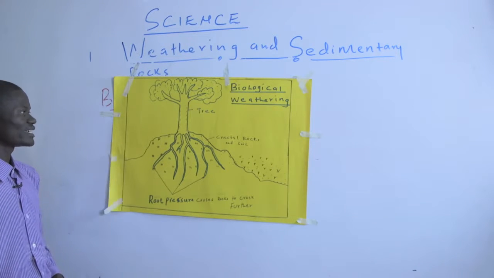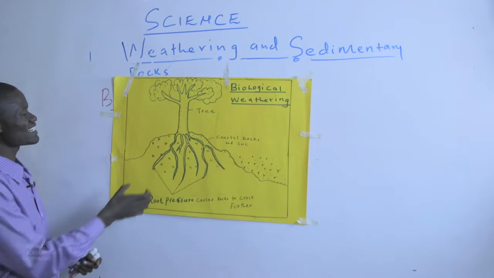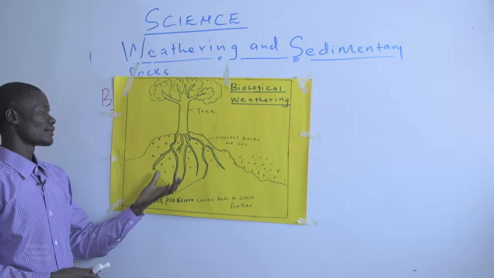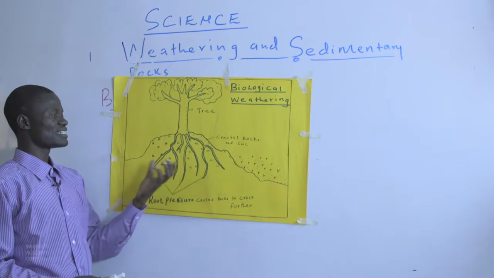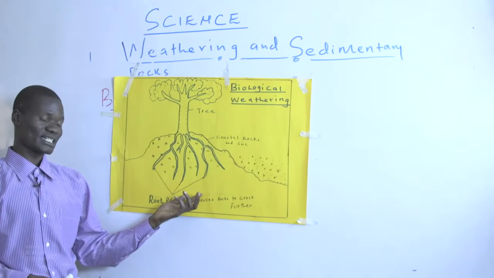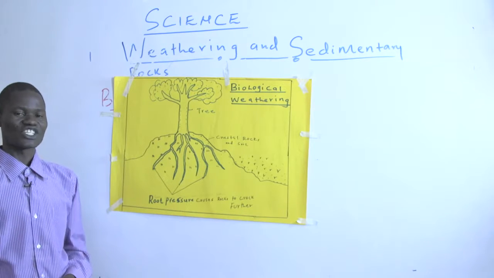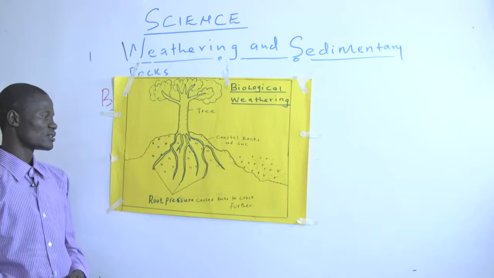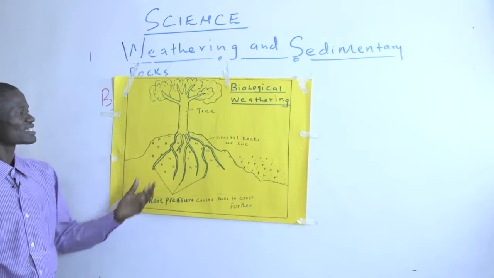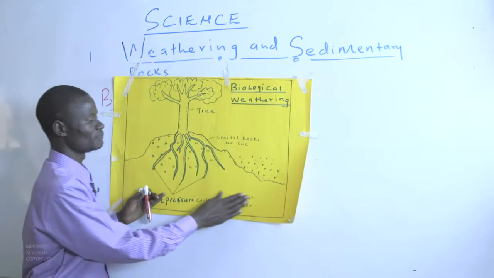This is a tree, and when the tree grows up, the roots also grow and elongate themselves deeper into the rock surface, so that they are able to tap water. Remember the essence of these roots: they are searching for water in the deepest part of the crust, and in the process they may meet the rock surface, the crust of rocks, along the way.